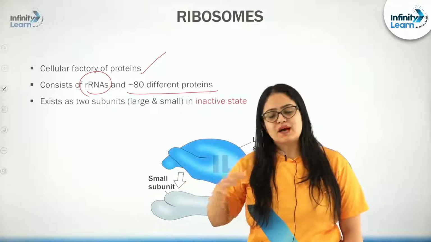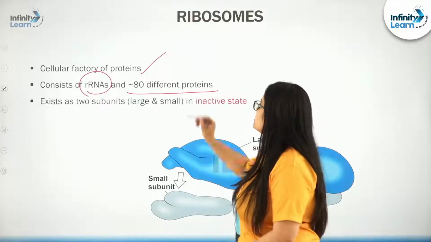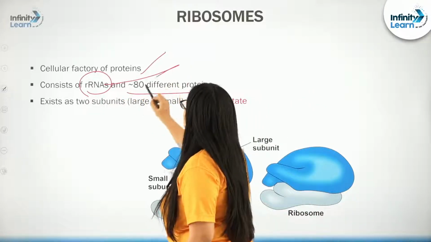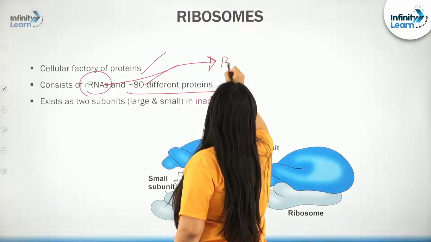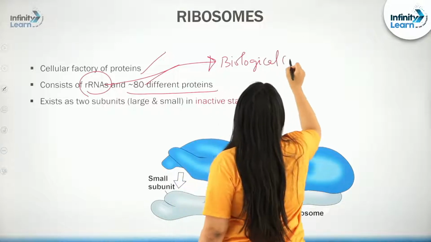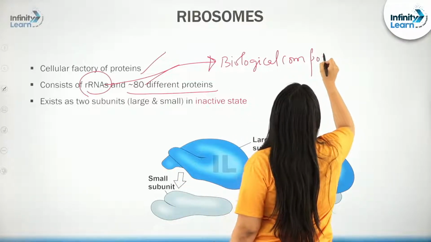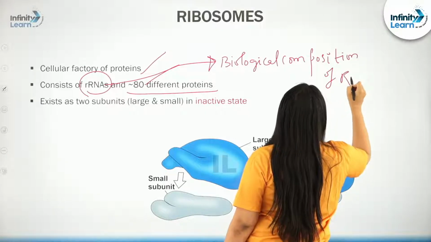This number can range, but approximately 80. So, the rRNA and approximately 80 different types of protein make the biological composition of ribosomes.